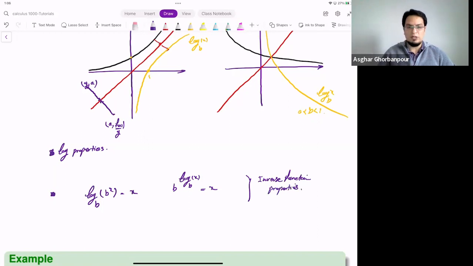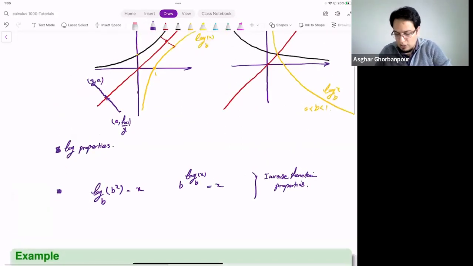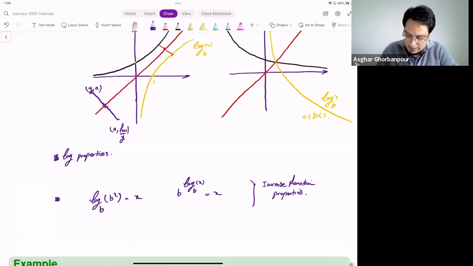These are going to do a lot of good things for us. In particular, remember that the natural log function is denoted by ln.